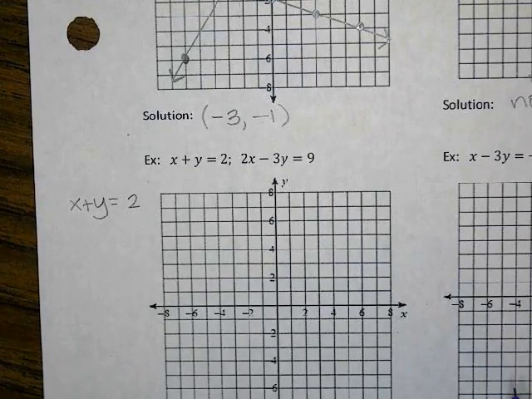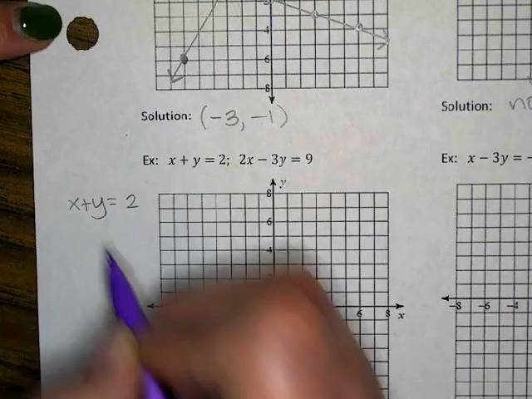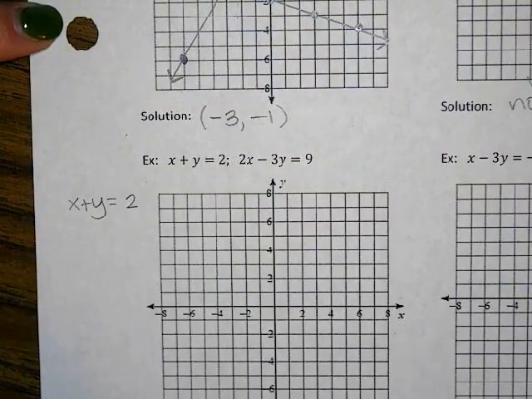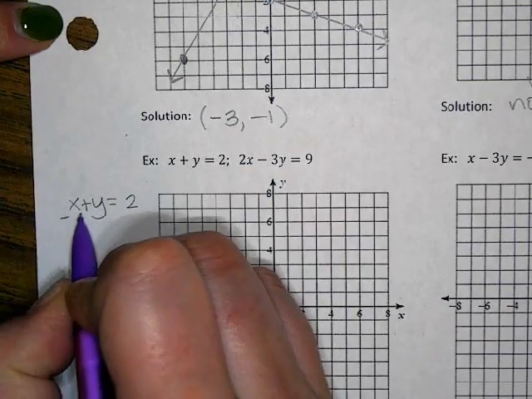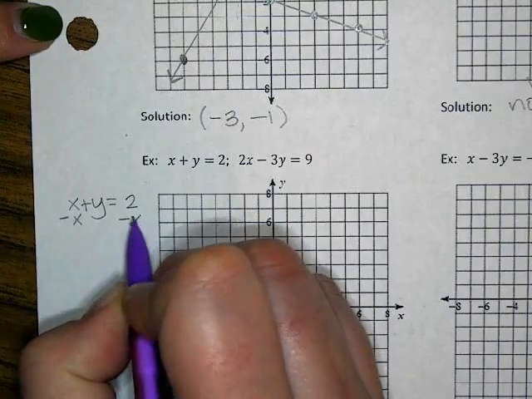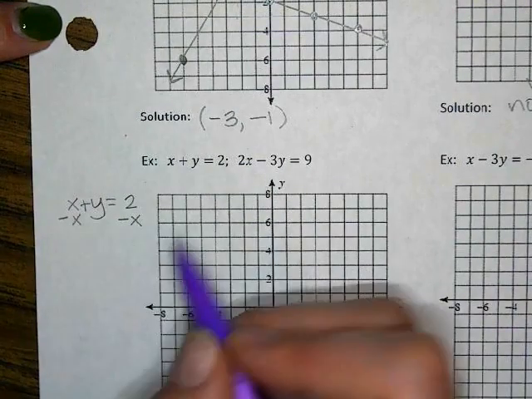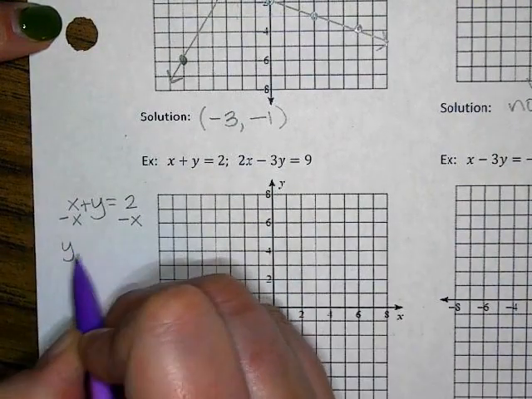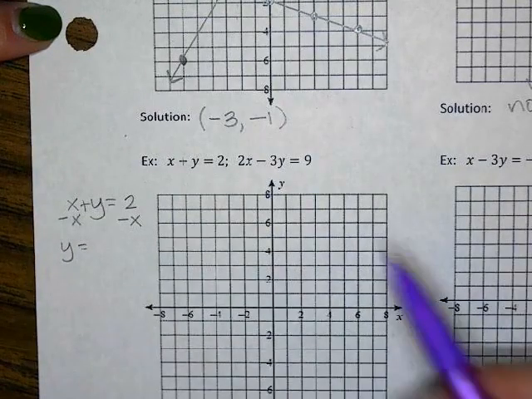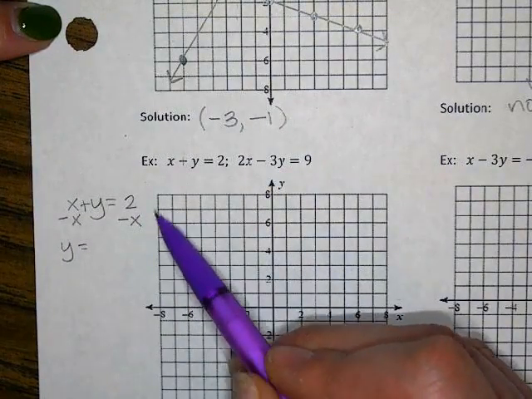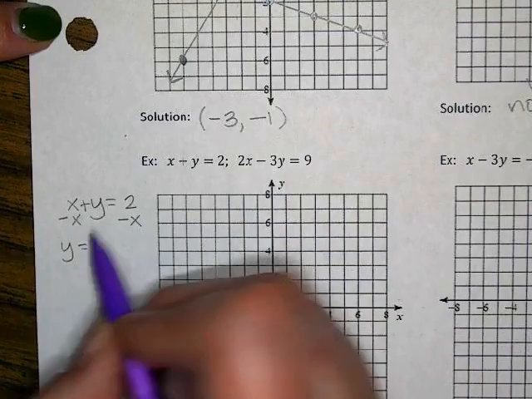Subtract what? What am I subtracting? 1x. I got to move the x, right? So I'm going to subtract the x. And then that leaves me with y equals, and what should I write first? The negative x, negative 1x.